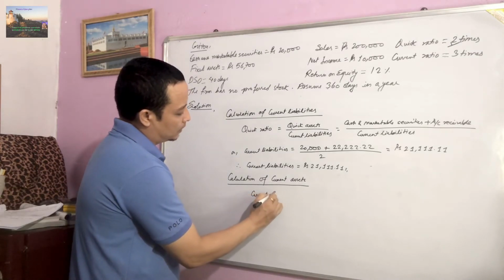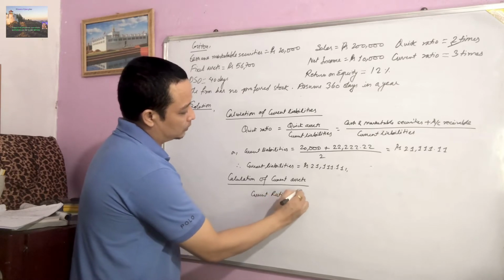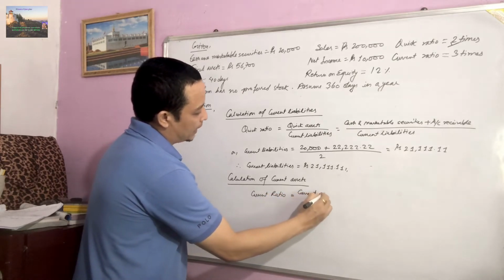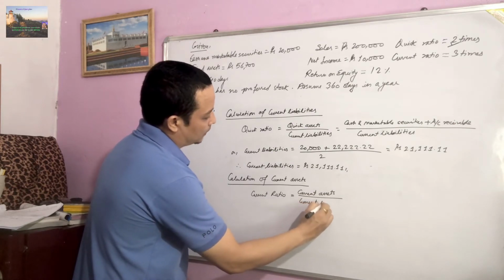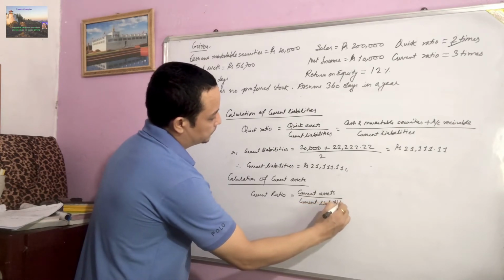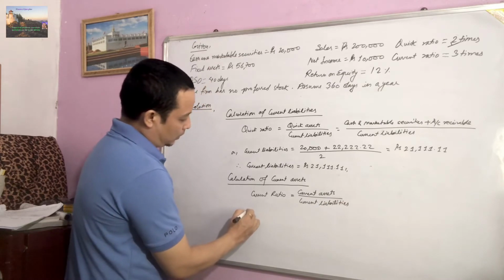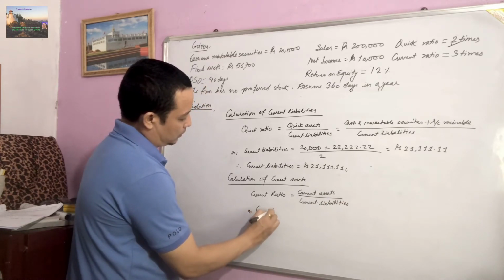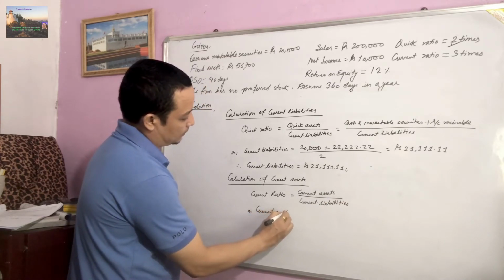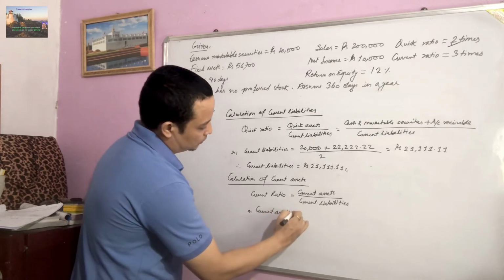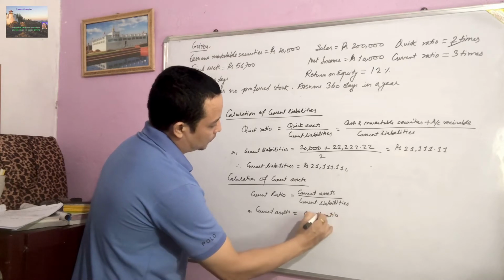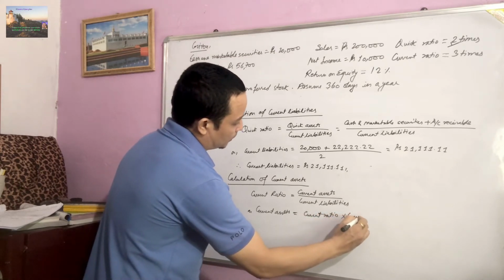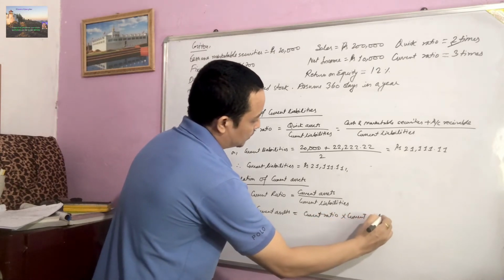Current ratio equal to current assets upon current liabilities, or current assets equal to current ratio into current liabilities.